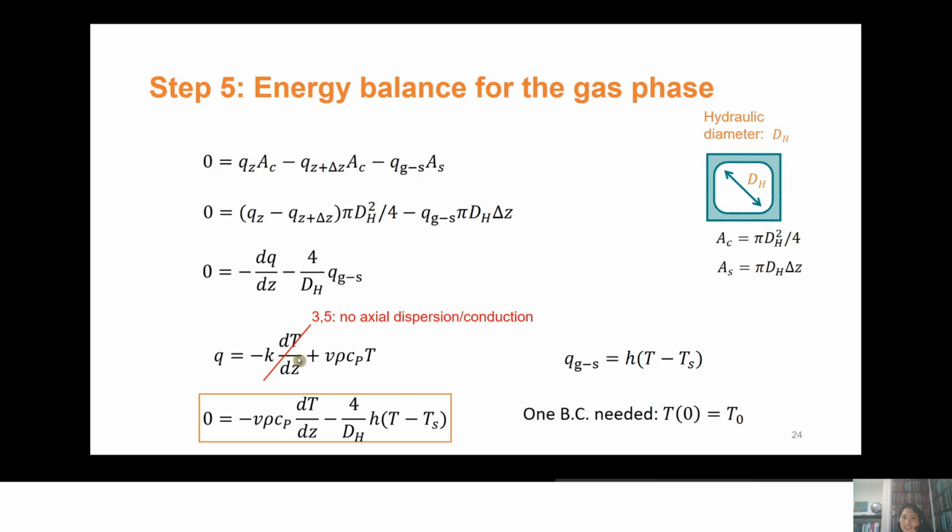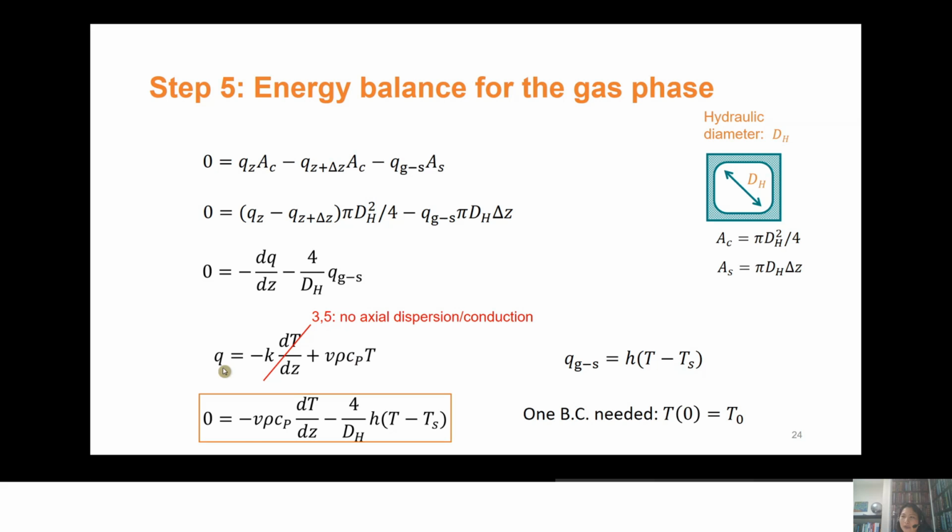So again, here is your friend dispersion, in case you're wondering how to model dispersion. Okay, so in this example, we will drop the dispersion term because of our assumption, no axial dispersion or conduction. But you may need it somewhere else, yeah? Hint, hint. Okay, and we have the convection term here.